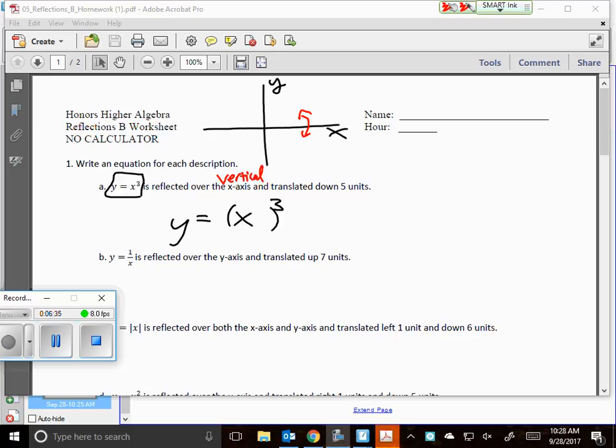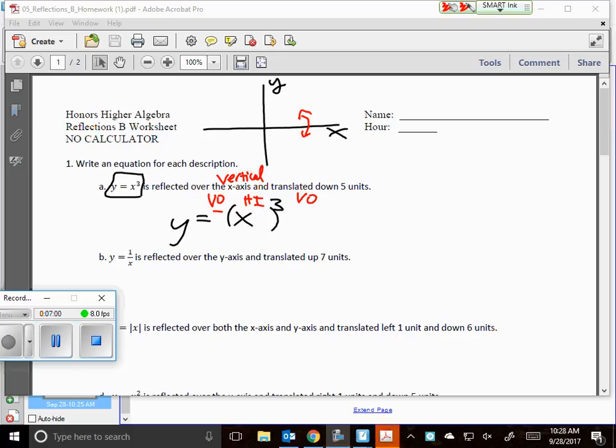And then you got to figure out, where does that go then? Well, if you have the HHA thing memorized, you know that it's vertical on the outside, that can be on the front or the back, and horizontal on the inside. So now I ask you, where should I put the negative if it's supposed to be reflected over the x on the outside?